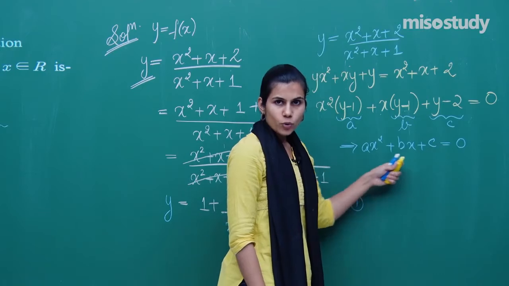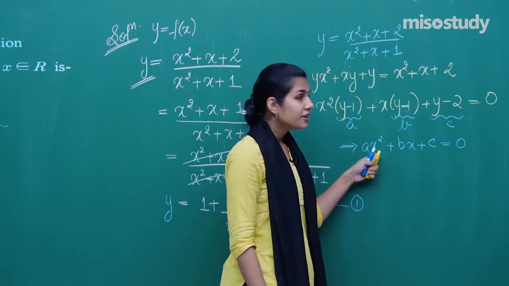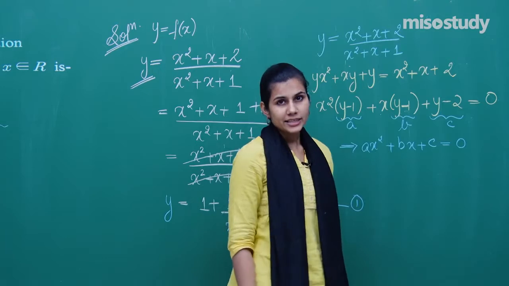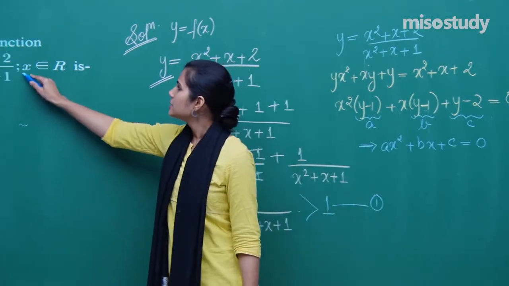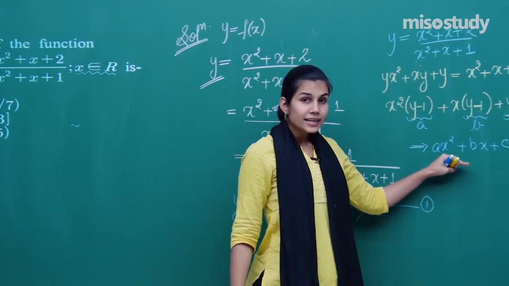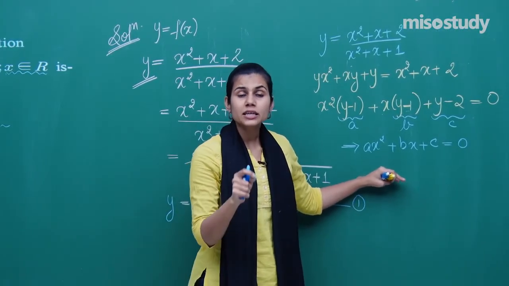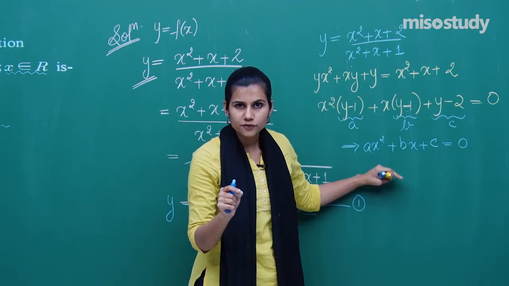This quadratic equation will have only real roots, and that is because x is belonging to the collection of all reals. A quadratic equation has real roots if and only if its discriminant is non-negative.